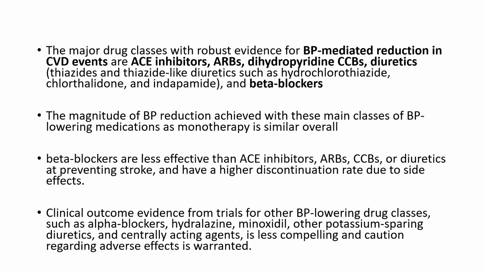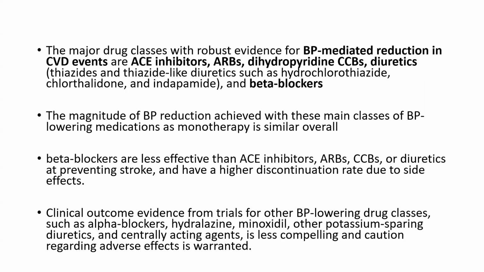So regarding the medications used to treat hypertension, the major drug classes with robust evidence for blood pressure-mediated reduction in cardiovascular events are the ACE inhibitors, the ARBs, the dihydropyridine calcium channel blockers, the diuretics, and the beta blockers. The magnitude of blood pressure reduction achieved with these main classes of BP lowering medications is almost the same, and their cardiovascular outcomes are also almost comparable, except for beta blockers, which were found to have a lesser effect on preventing stroke.